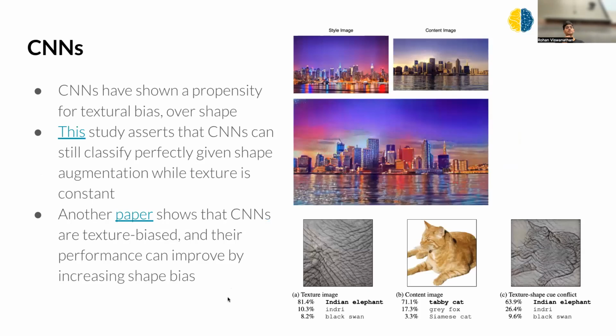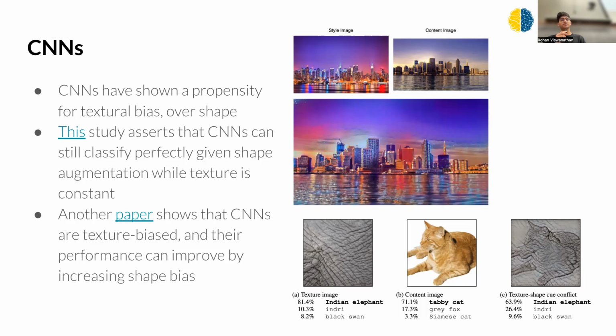CNNs have shown a propensity for textural bias over shape. There's a study that asserts that CNNs can still classify perfectly given shape augmentation while texture is constant. Implicitly, this is pretty interesting, showing that CNNs are biased towards certain things like texture. Another paper supports this, showing that CNNs are texture biased and their performance can be improved by increasing shape bias.